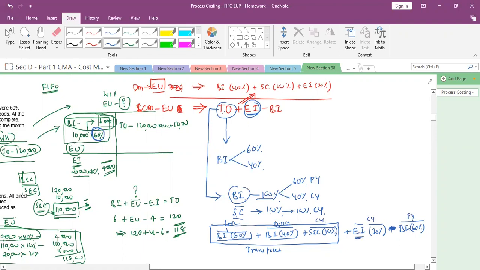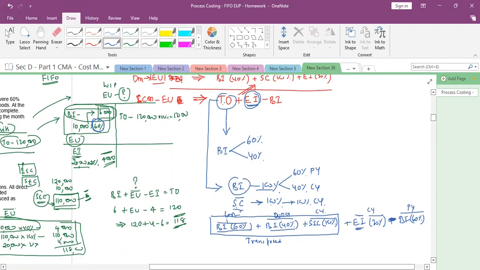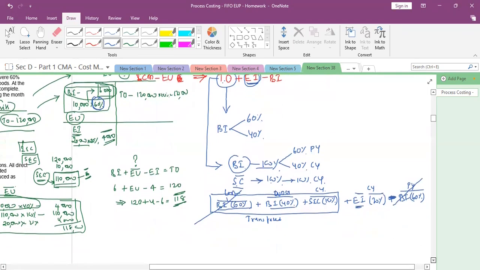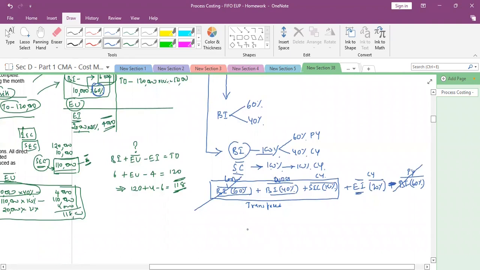So now beginning inventory past year is a positive value and the minus beginning inventory past year value cancels. What remains? Beginning inventory 40% current year, started and completed 100% current year, ending inventory 20% current year. This is equal to equivalent units.